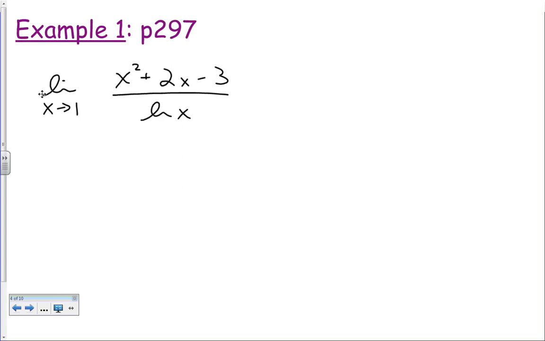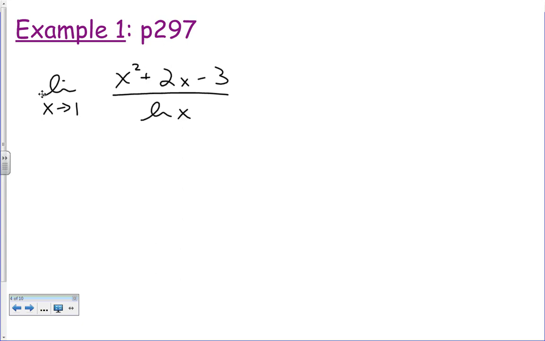Now the fact that we're dealing with L'Hopital's here might automatically make you think that this is going to be indeterminate, and I guess since it's an example, that's probably a pretty good assumption. However, you need to always check to make sure that you're in the indeterminate form first, and that it's in the quotient form before you try to use L'Hopital's. There will be some of these problems where they're not indeterminate. You can't use L'Hopital's, and you don't need to. Just simply evaluate it. Substitute in your value of x, and you're done.